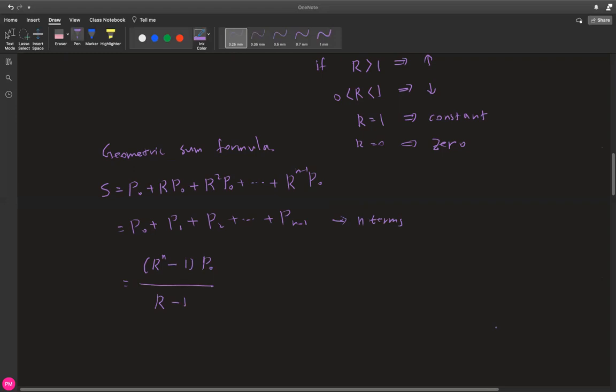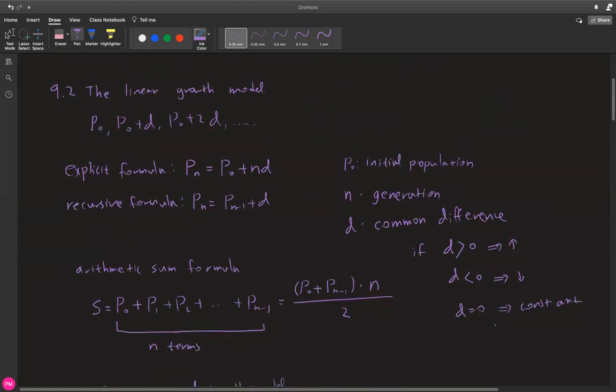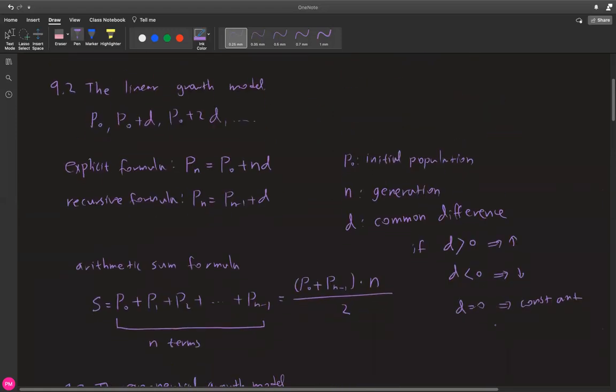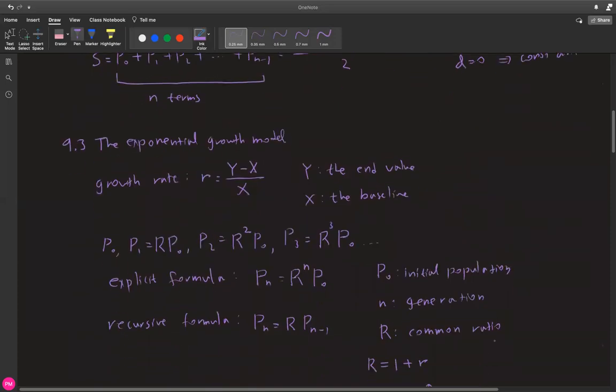As I mentioned before in 9.2, it's the same in 9.3. If the problem wants you to use the exponential growth model, it will certainly tell you that in the problem itself.